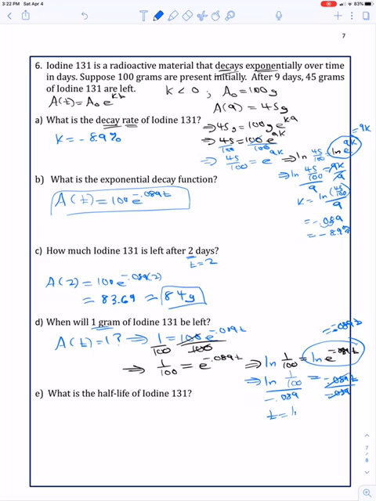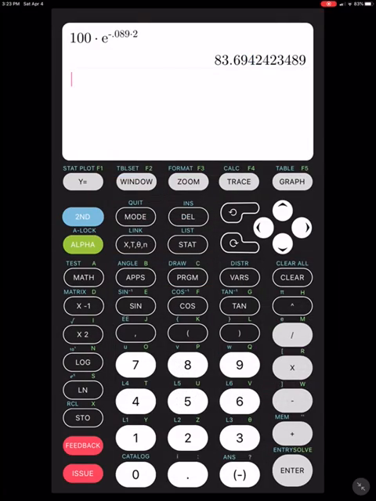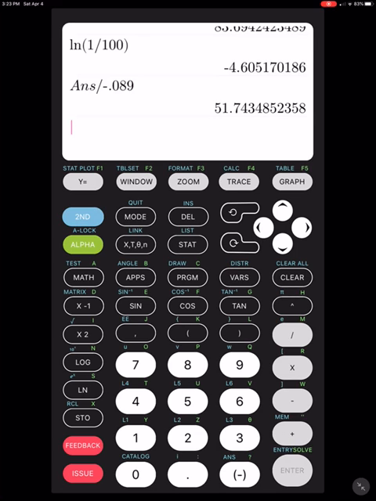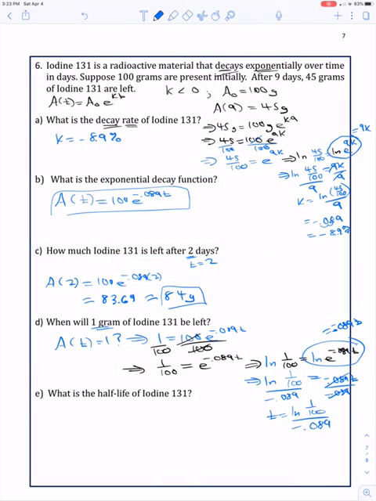So t equals the natural log of 1/100 divided by negative 0.089. All right, so let's go type that in. Let's see what we come up with. Let's put that in our calculator. So we got natural log of 1 divided by 100, divided by negative 0.089. So I got 51.7. So that's approximately 52 days. So it'd take around 52 days to get down to just 1 gram left.